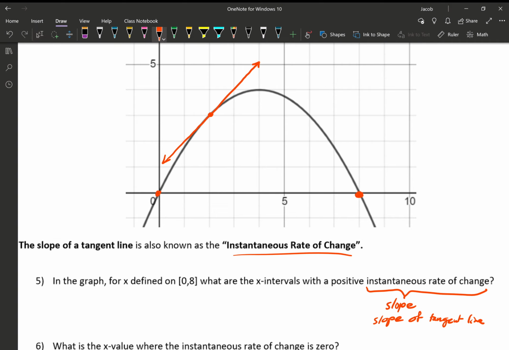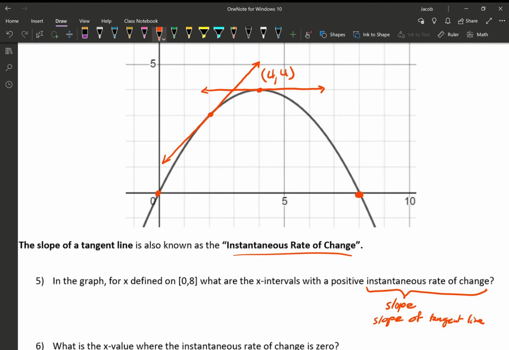And that would be for all of these left hand of the vertex values. So my vertex is at 4, 4. And we can see if we were to draw a tangent line at the very top of this function, that horizontal tangent line that uses the vertex as the point it goes through, has a slope of 0.